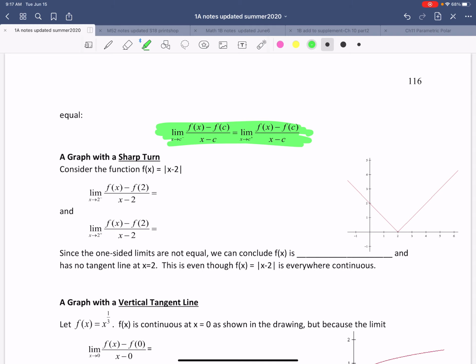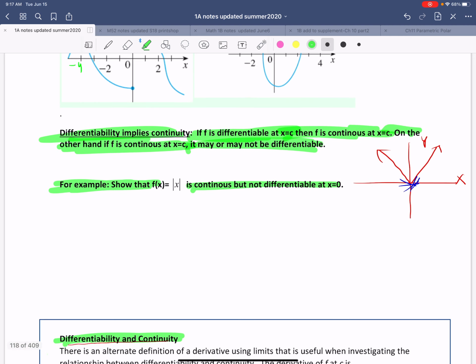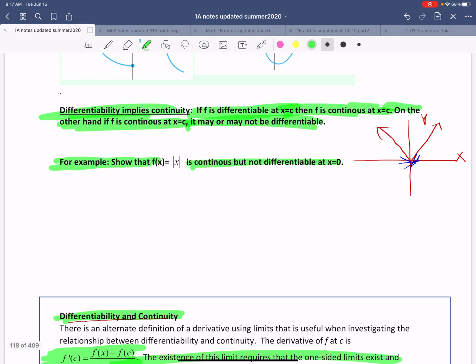If they're not, then the derivative will not exist at that point. So let's check at this point x equals 0. I'm going to do the limit as x approaches 0 from the right-hand side of the absolute value of x, and the limit as x approaches 0 from the left-hand side of the absolute value of x.